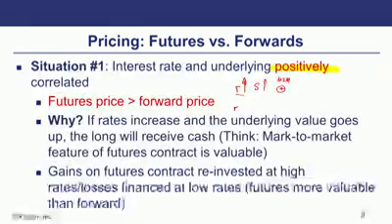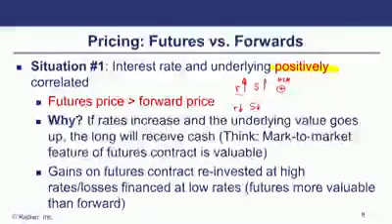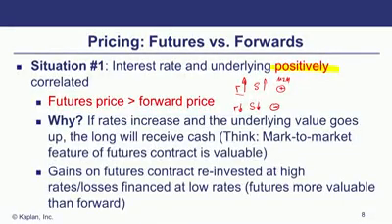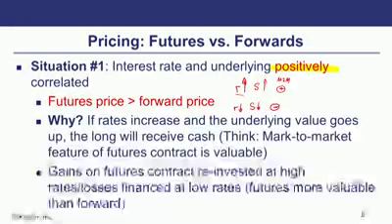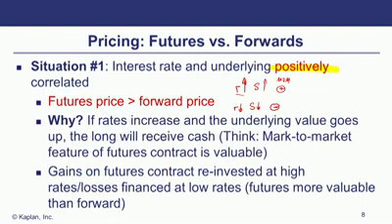Now, if rates had gone down because of the positive correlation, this would imply that the spot price of the asset goes down as well, and of course the long player will incur mark-to-market losses. Remember, the futures price tracks the spot price. But this time, notice what happens.